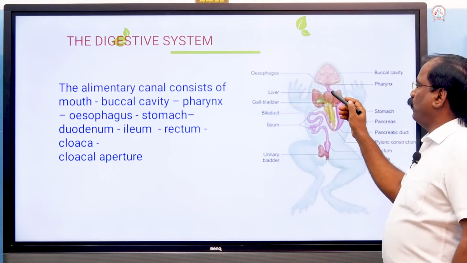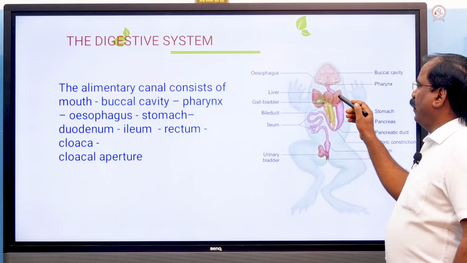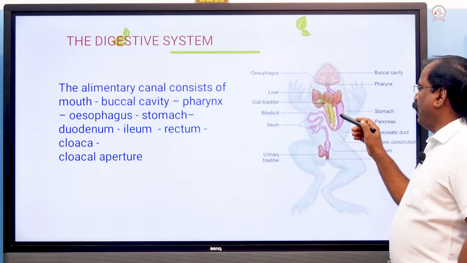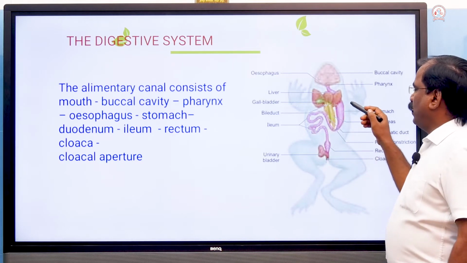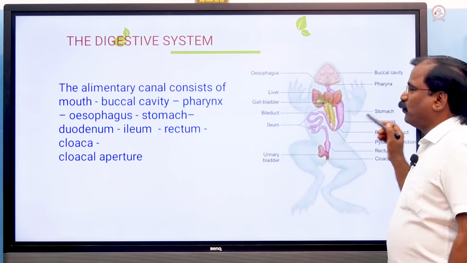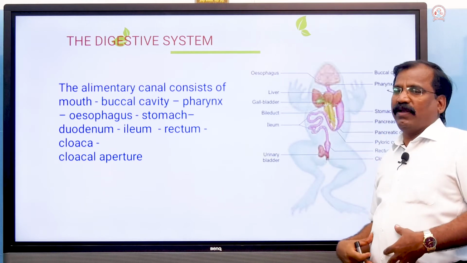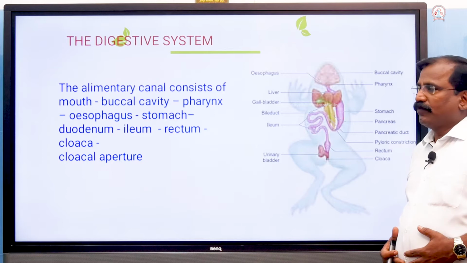The esophagus is a short narrow tube. Next to the esophagus is the stomach, where the food is temporarily stored.